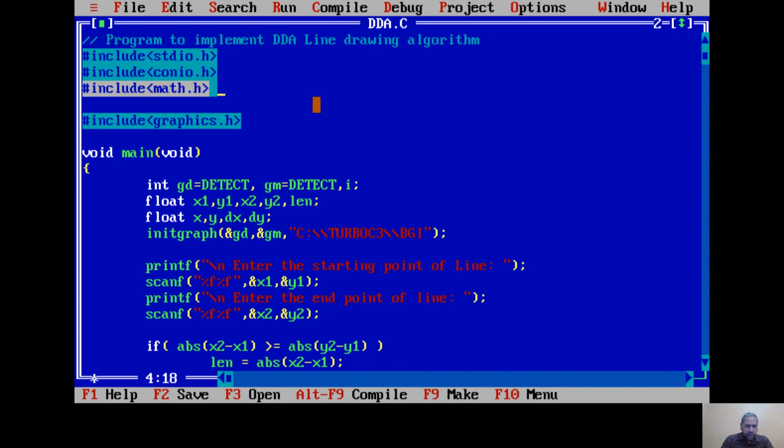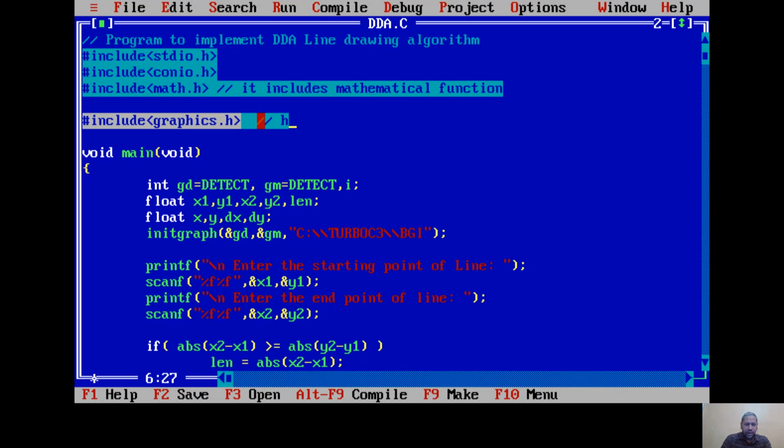I write this in a comment: it includes mathematical functions. Along with this, we have to include graphics.h, which has the graphics functions. All the graphic functions are available in this.